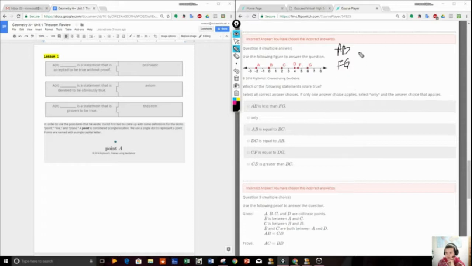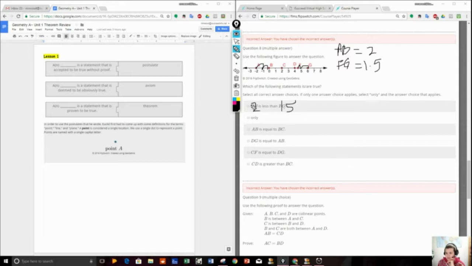And we'll compare them. So AB is equal to 1, 2. FG is going to equal a half plus 1, 1.5. So AB is less than FG. Well, is 2 less than 1.5?